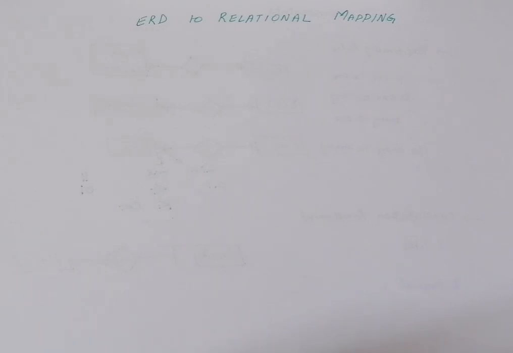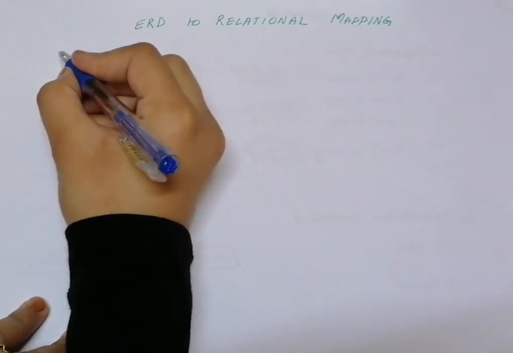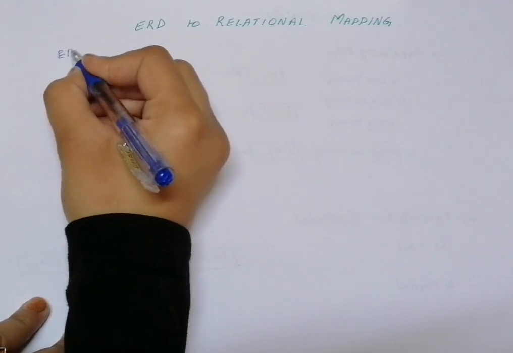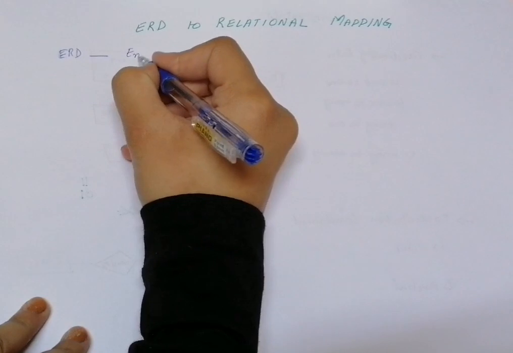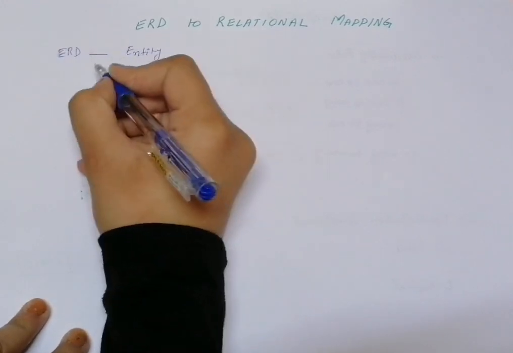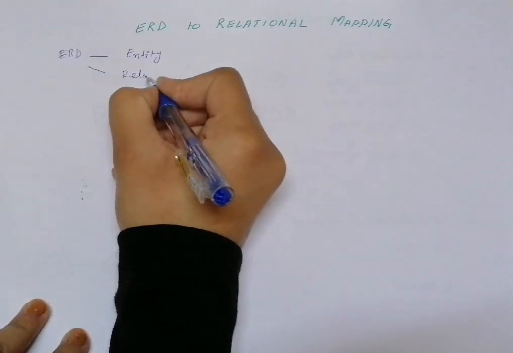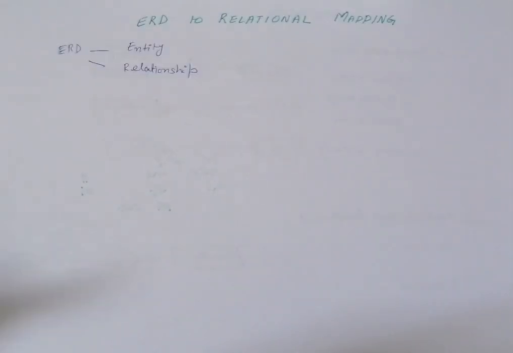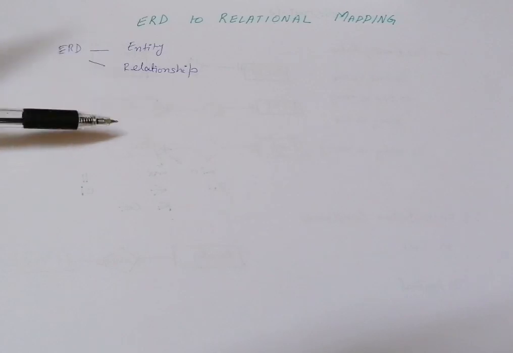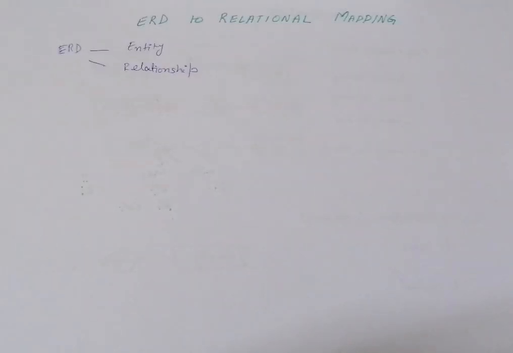An ERD comprises two main things: entity and relationship. So we have to look at how we model an entity and how we model a relationship into a relational model or relational diagram.